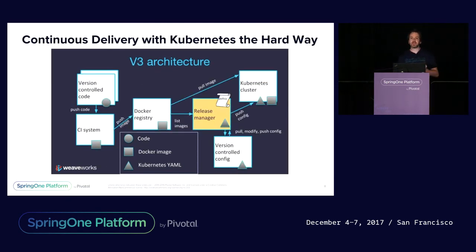They call it the release manager, that in the case here of Docker registries have a webhook, and they say, I got a new image, and that's the mechanism of handoff. So the CI system really doesn't even know about the fact that something is pushing it to production, let's say. It just pushes it to the Docker registry, and you can point this release manager to pay attention to as many endpoints as you like. And this, I think, is the essence of a nice architecture for doing sophisticated things.